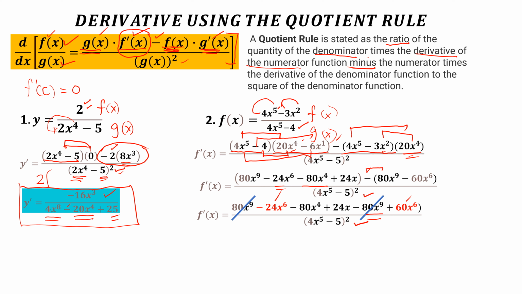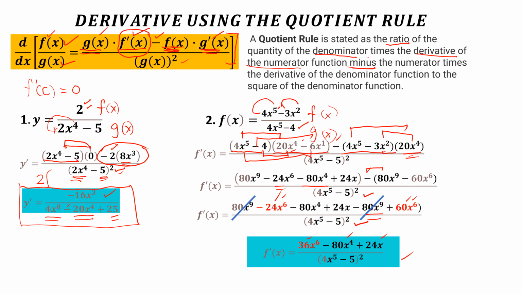And the negative 24x to the 6 and the 60x to the 6 are similar terms, thus we can combine them. And 60 minus 24 is 36x to the 6 minus 80x to the 4 plus 24x, and then our denominator, as I've said, you can remain as is.